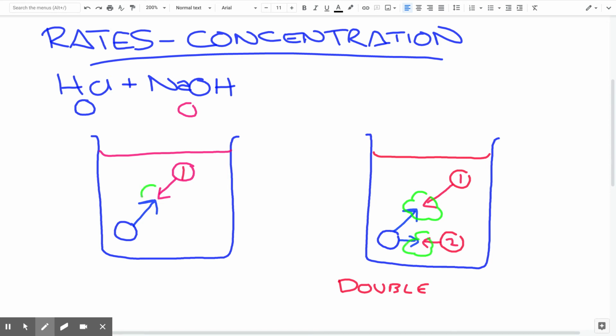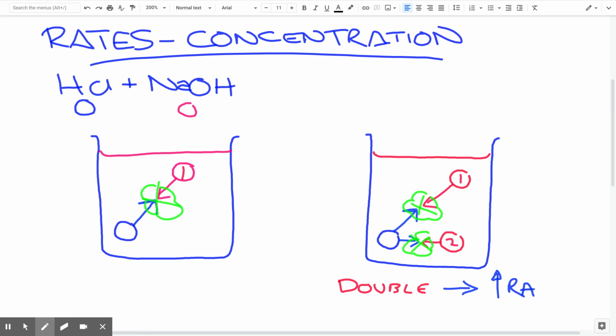And if we can increase the likelihood of a collision, as we've said, if we can increase the probability of a successful collision in a given period of time, so number of collisions per second, then we can, by correlation of that, lead to an increase in the rate of reaction.